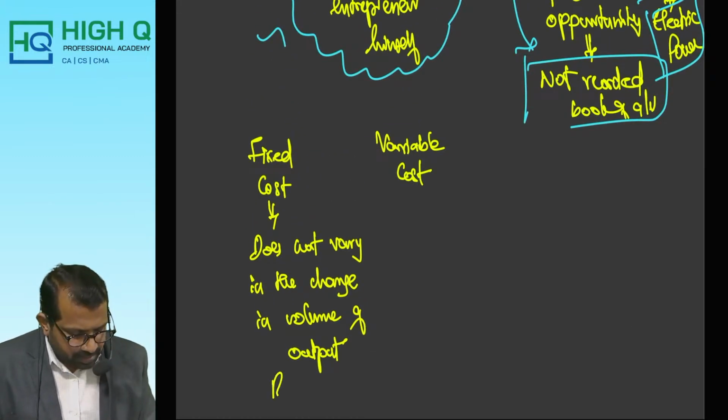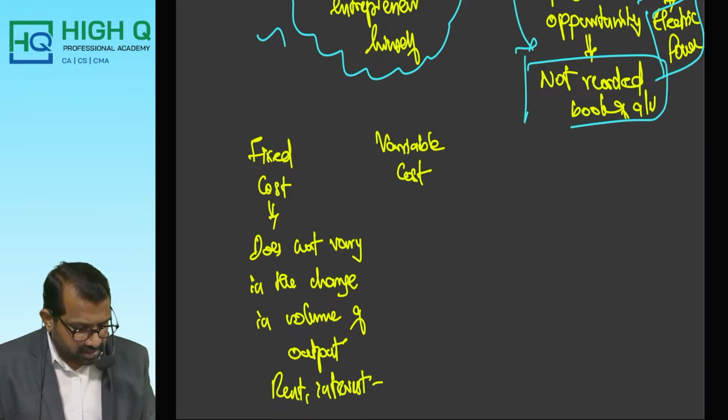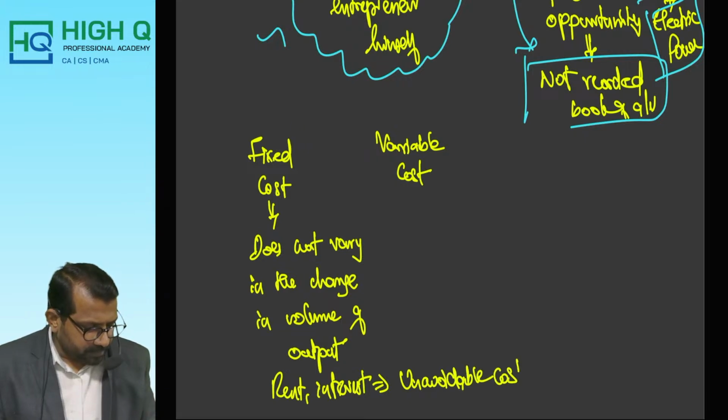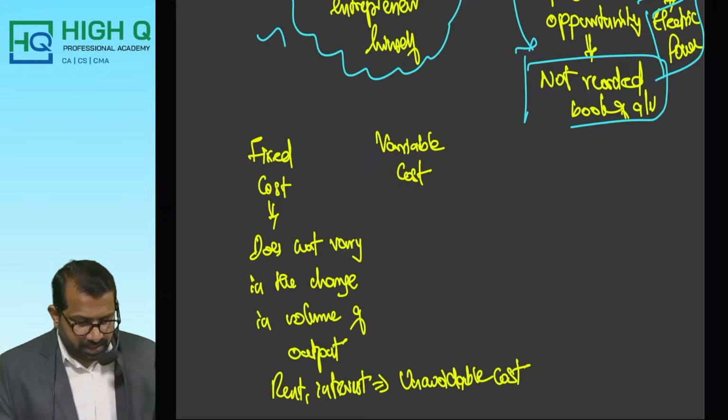Examples: rent, interest, called fixed cost. These costs are totally unavoidable cost. Hence it is called fixed cost.